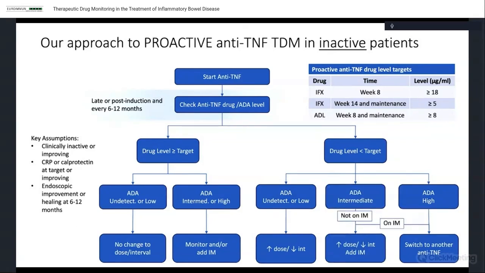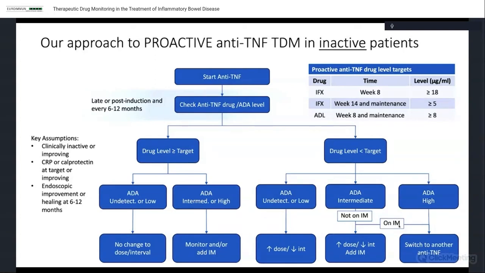And now there's sometimes this realm of an intermediate anti-drug antibody level. In this case, you may have the opportunity to reverse it if the patient is not on an immune modulator drug. If they're not on an immune modulator drug, of course, we're going to increase the dose or decrease the interval, but we could have the opportunity to add an immune modulator drug and potentially reverse the anti-drug antibodies.